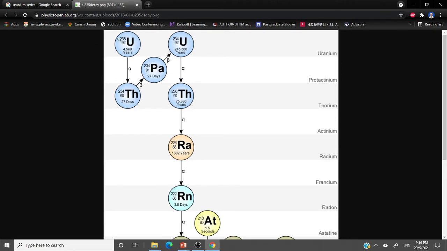Especially for uranium 238, its half-life is said to be nearly equal to the age of our Earth, since the formation of the Earth.